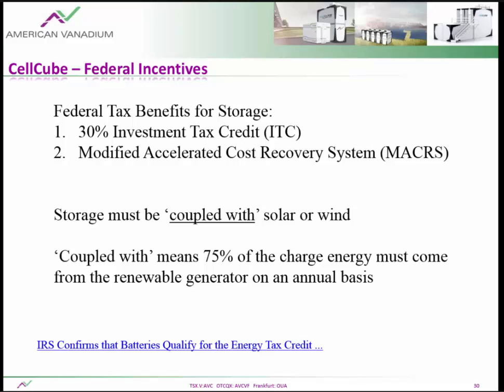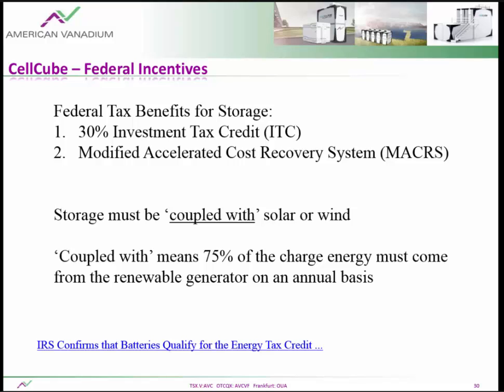One of the keys for this is that the storage must be coupled with solar or wind. By coupled, per the IRS requirements, 75% of the charge energy must come from the renewable generator, as calculated on an annual basis. So you have less than 25% of the charge being done by grid energy. You have to keep that in mind for the sizing and the operation of the storage system.